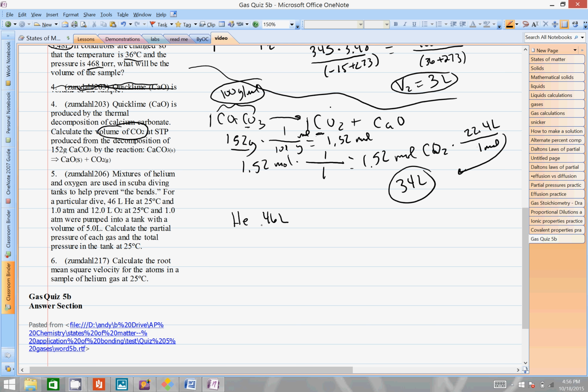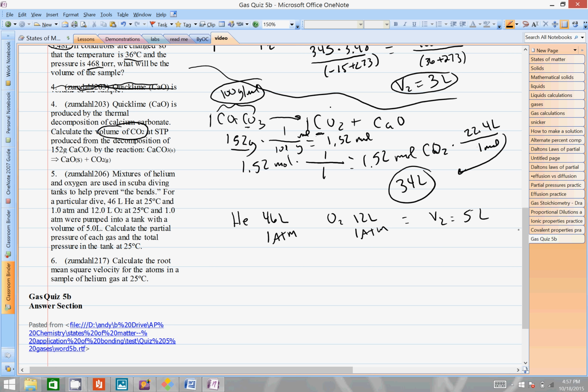And then it's saying 1 atm, and then I have looks like oxygen wise 12 liters, and it's also 1 atm, and then they're pumping both of these guys into a tank that's 5 liters. So V2 equals 5 liters.